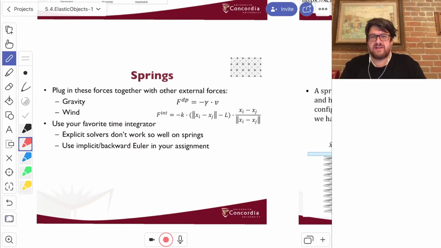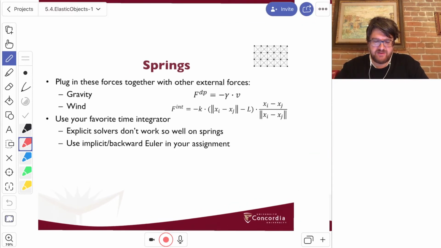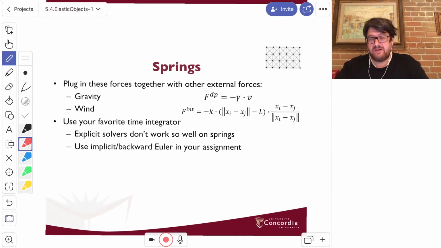So in a nutshell, that's pretty much it. We take these forces, the internal forces of the spring and the damping forces. We can add other things like gravity and wind, especially for the cloth simulation. And then we can plug them into our favorite time integrator and run the simulation.